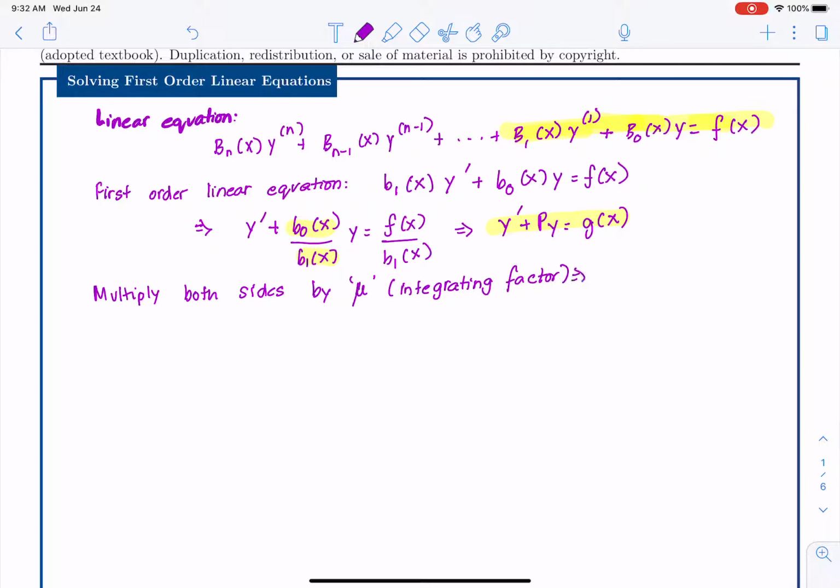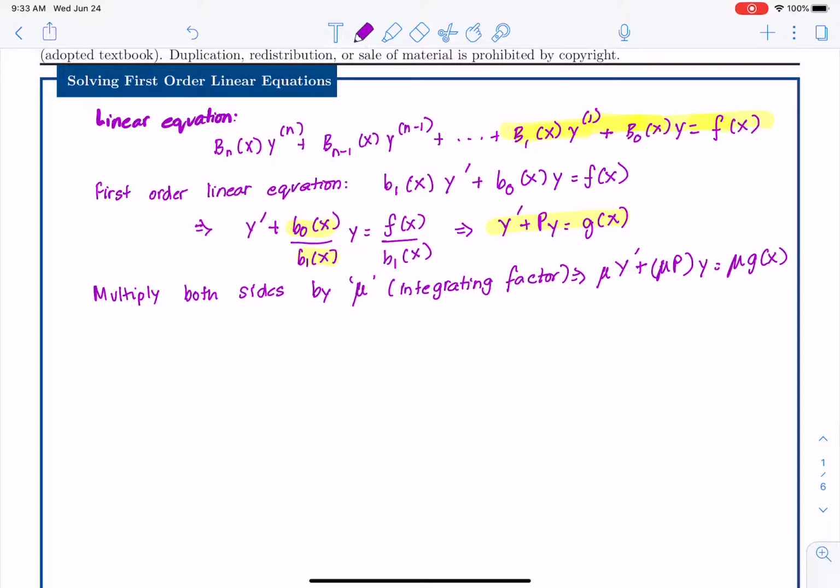So the DE would now become mu y prime plus mu times p times y equals mu times g of x. To solve this, we've got to do a trick.